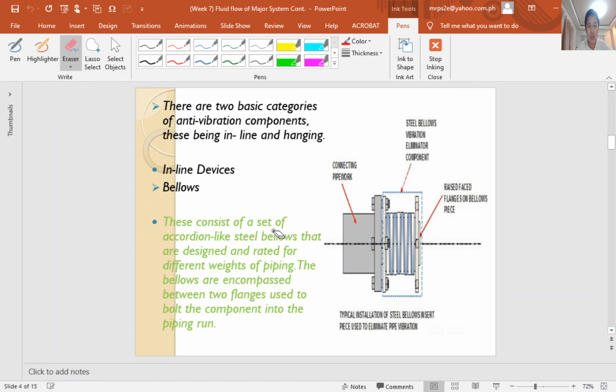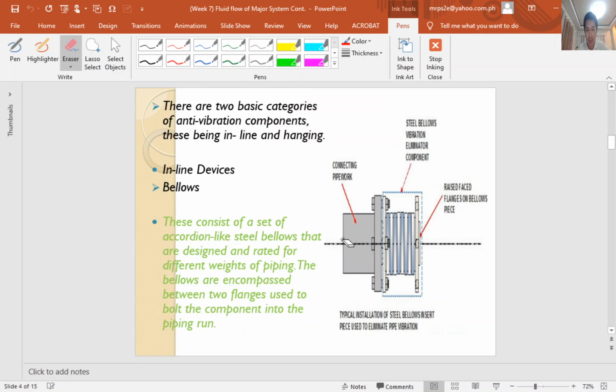This consists of a set of accordion-like steel bellows that are designed and rated for different weights of piping. The bellows are encompassed between 2 flanges used to bolt the component into the piping run.